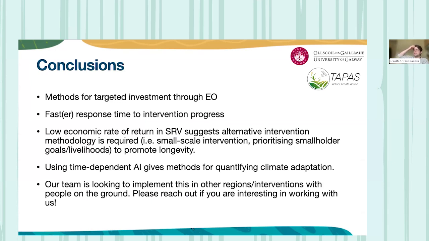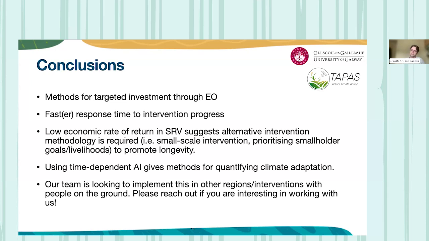So just to conclude, I think the highlight is that there are methods here for targeting investment in interventions using Earth observation, and it gives us a faster response time, especially if your intervention is over the course of 5 years or so, or 10 years.